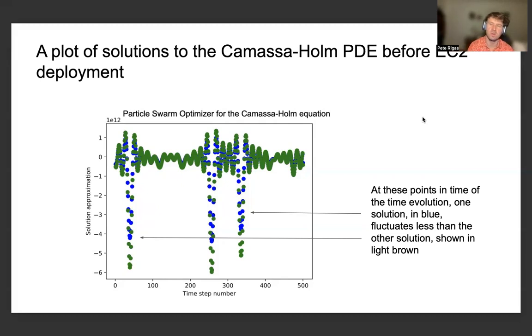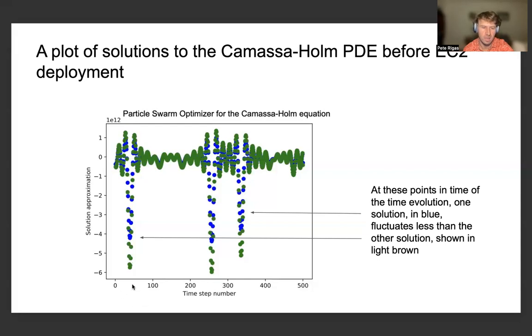We can see that even from the simpler case of one particular instance of the solution that I was able to obtain from the variational quantum algorithm, from the particle swarm optimizer, across all of the points in the time evolution, there can be some differences in how the algorithm is able to handle or process the nonlinearities of a given partial differential equation.